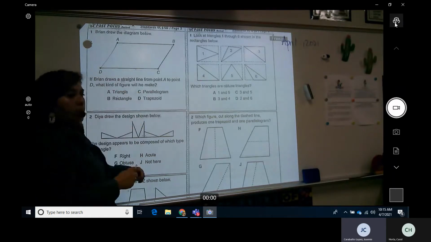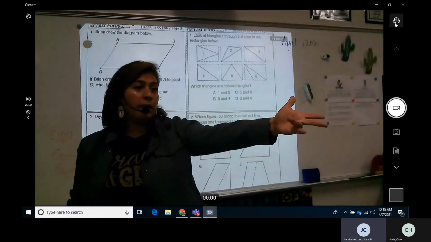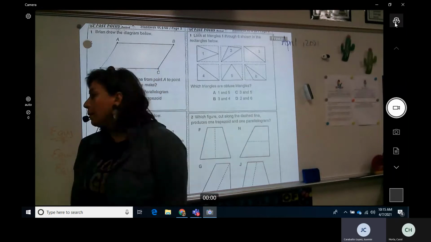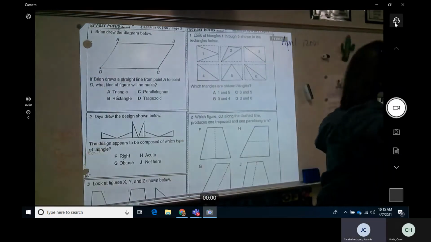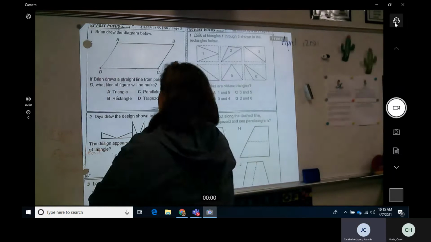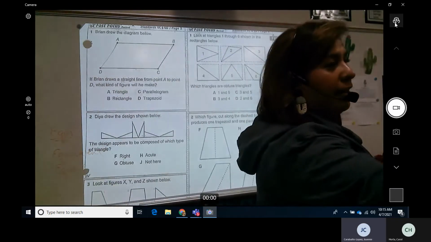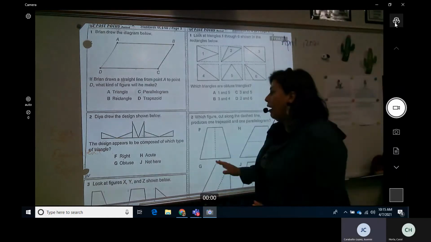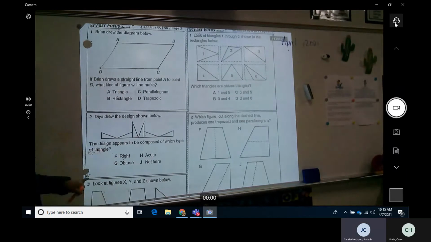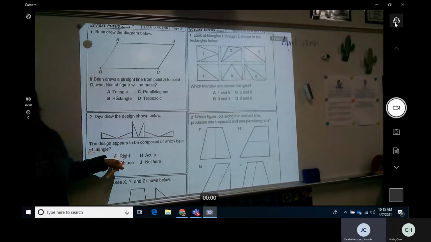If you chose C, it is correct. Daya drew the design shown below. The design appears to be composed of which type of triangle?